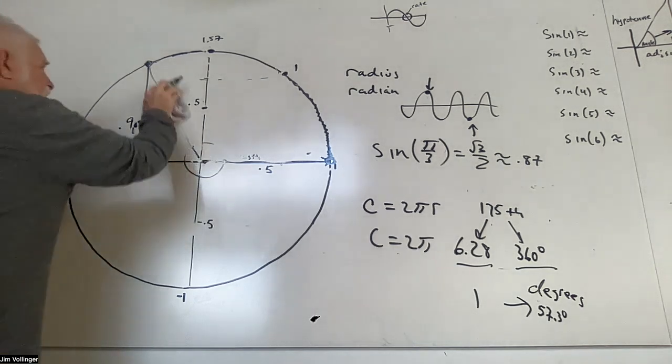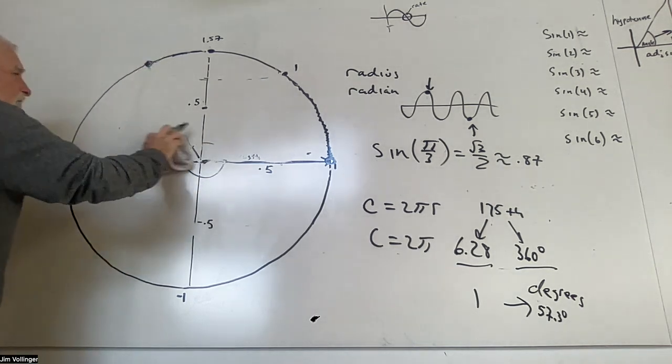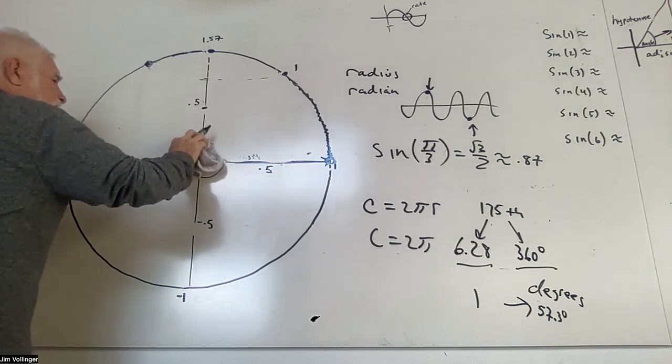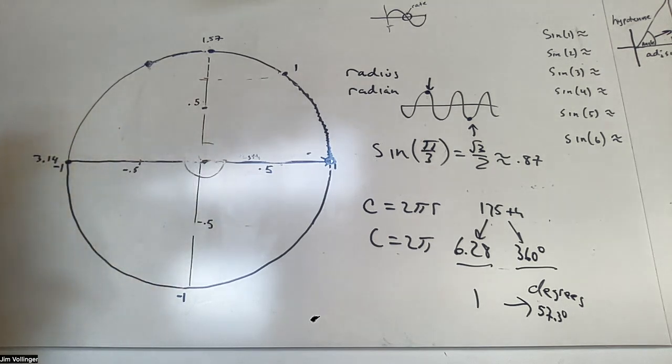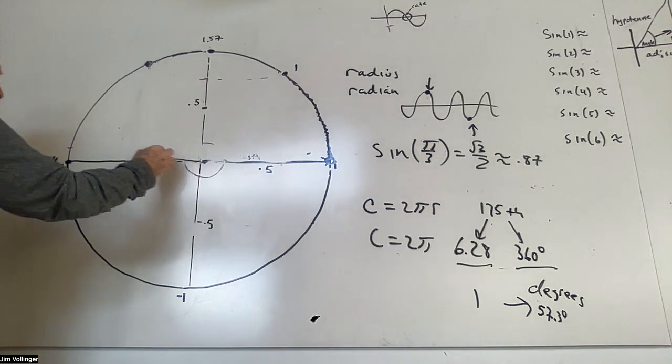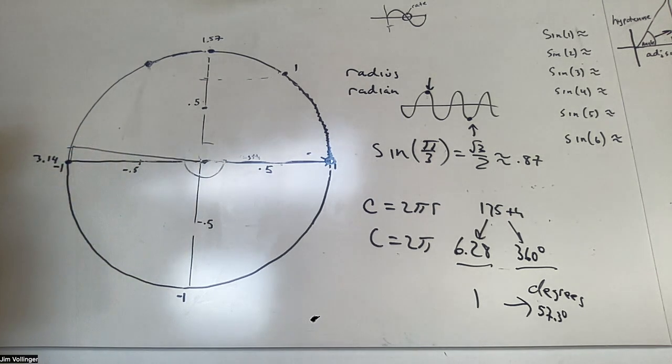How about the sine of 3? Got a feeling if you pause the video, you can probably figure that one out pretty well yourself. So 3 radians is somewhere in here. And I purposely put a little space between the arc length and the height of that altitude. So that's 3.